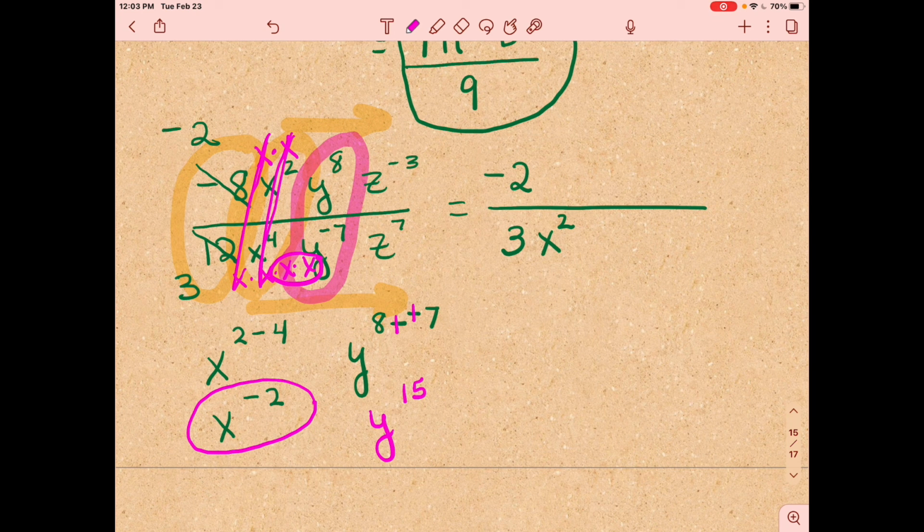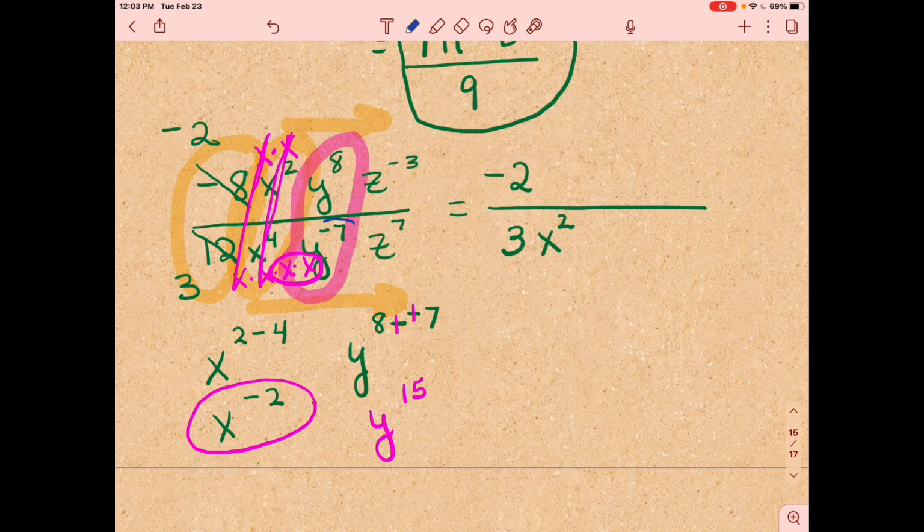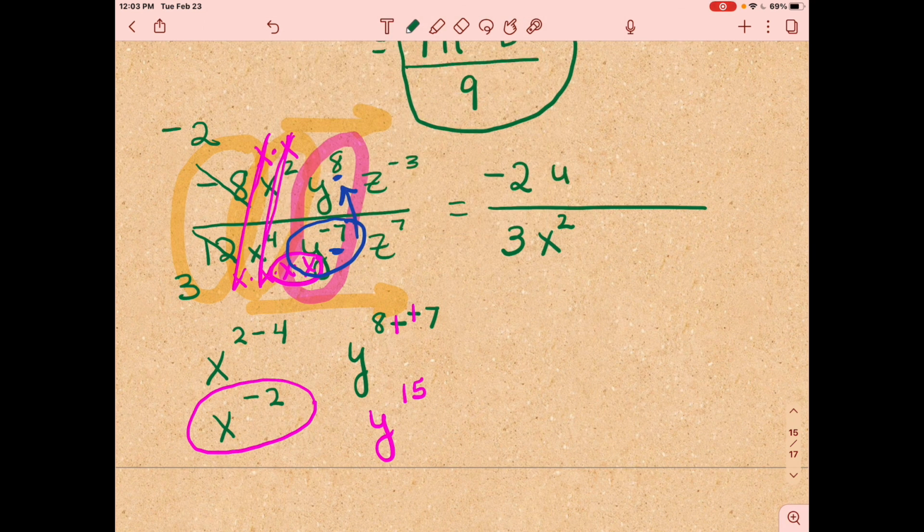This is getting a little messy here, but what I want you to see is that y to the negative 7 was very unhappy, and it wanted to go live upstairs with all its buddies. So here we have 8 y's that were living upstairs quite happily, and downstairs we had 7 very unhappy y's that wanted to go live upstairs with their friends, and that is why we have y to the 15th power upstairs now.